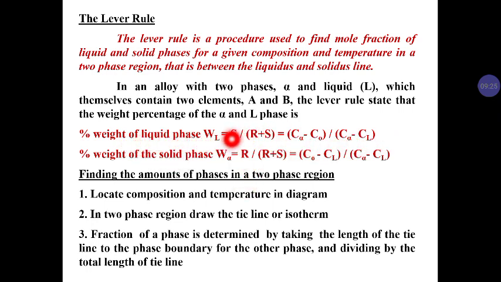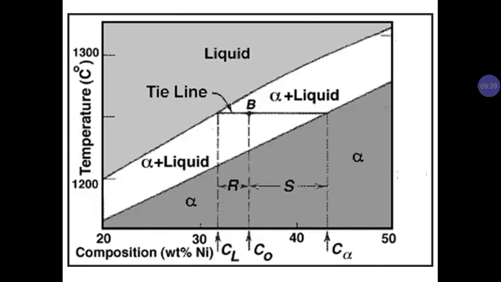You can see this formula, S divided by R plus S, or R divided by R plus S. In both cases R plus S is in the denominator. In the numerator it is either S or R in the case of the solid phase. That can be observed from here. S is C alpha minus C naught, and R is C naught minus CL.